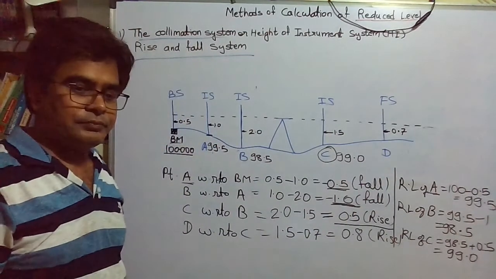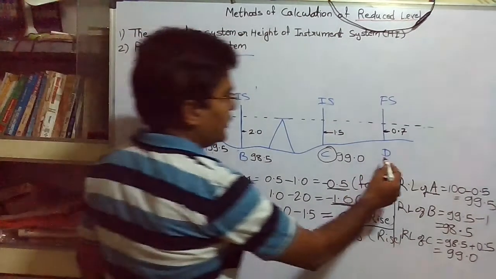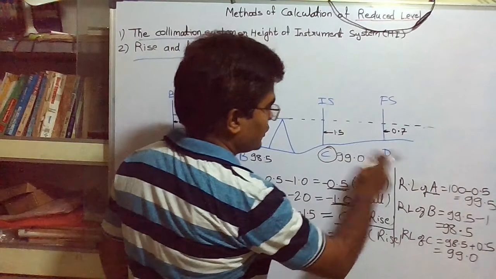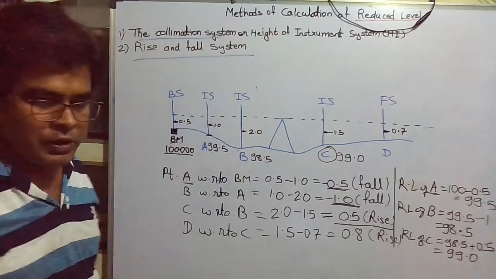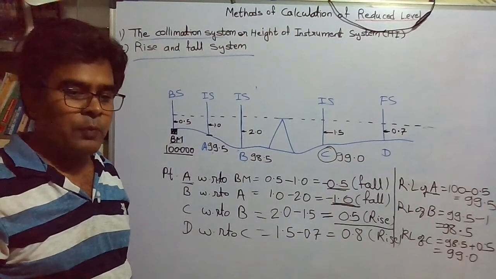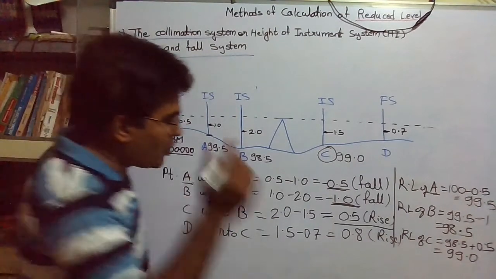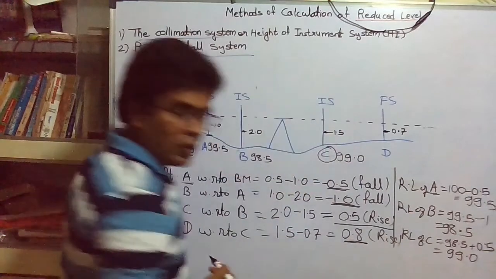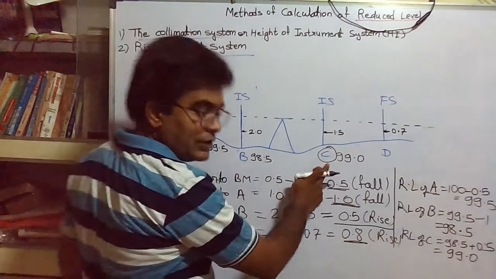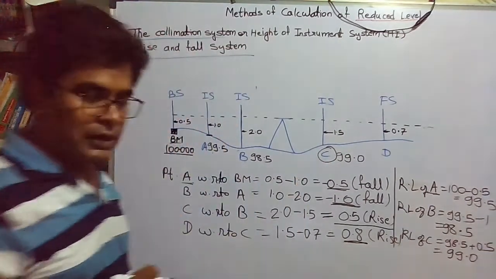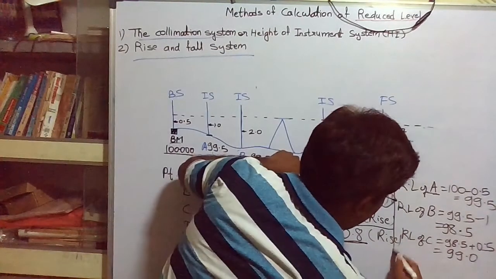Okay. Then we have compared point D with respect to point C, and what we have found out, point D is at a rise of 0.8 meter with respect to point C. Then how can we find out RL of point D?